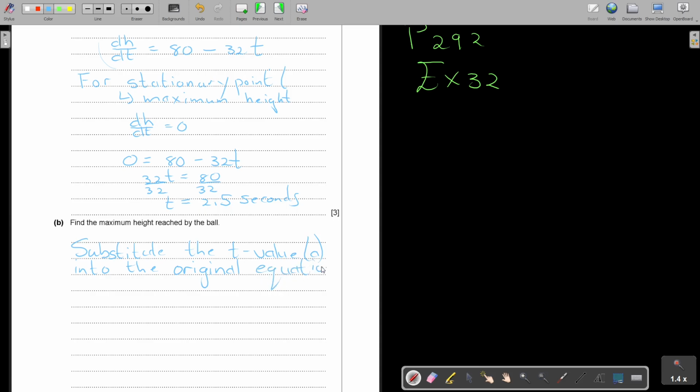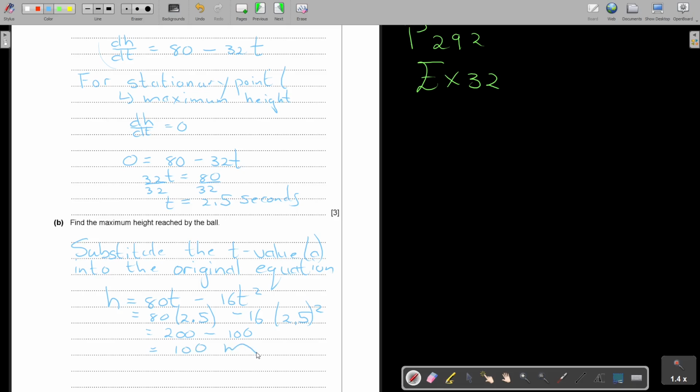So basically, the original equation was 80t minus 16t squared. I'm going to put in the 2.5. And that is going to give me 200 minus 100, and that is 100 meters.